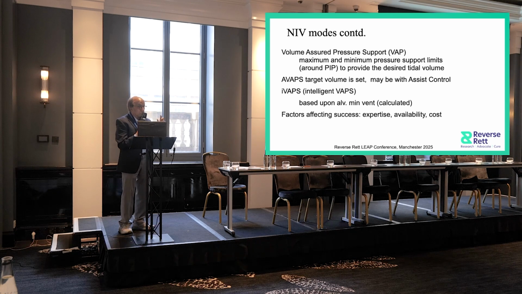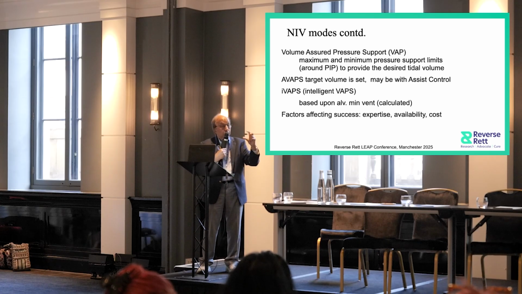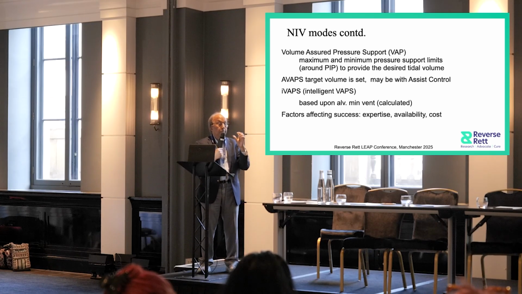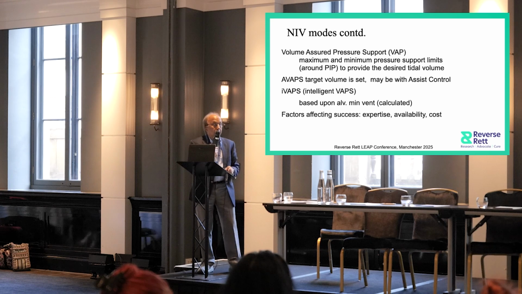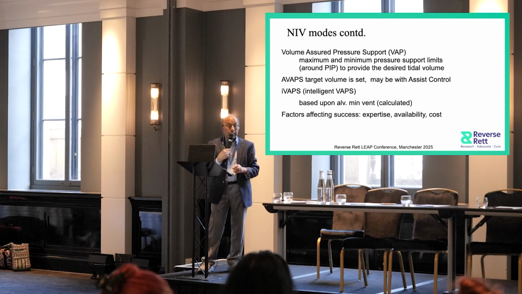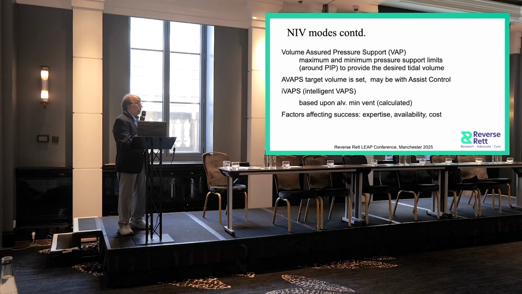Actually it is called AVAPS, average volume assured pressure support. With pressure support, basically the patient is breathing and you are nudging it, giving extra pressure, and that's called the AVAPS technique. Another technique is intelligent VAPS.